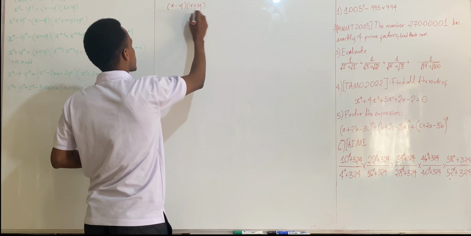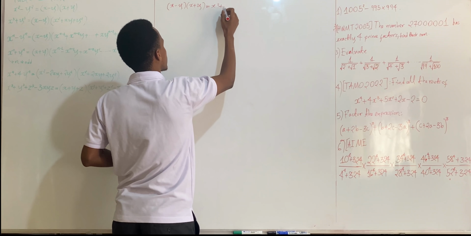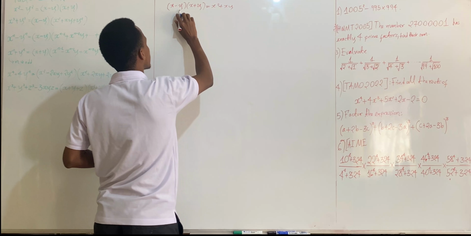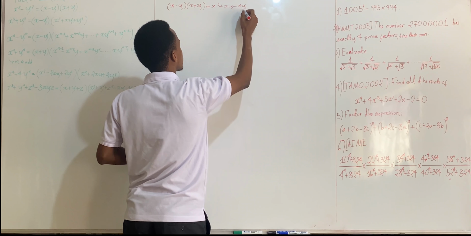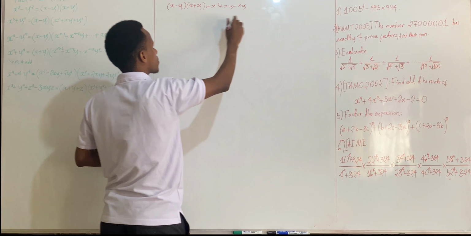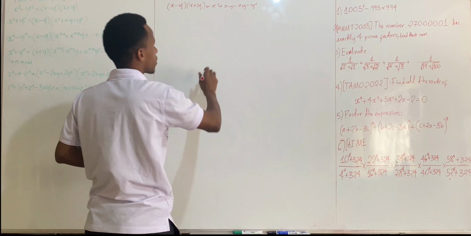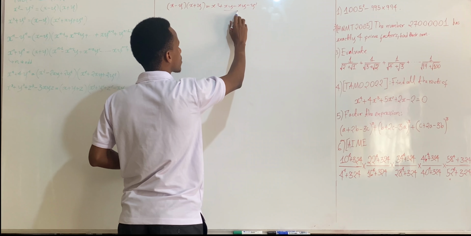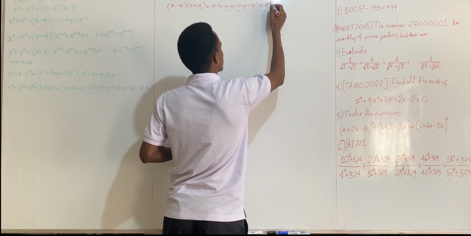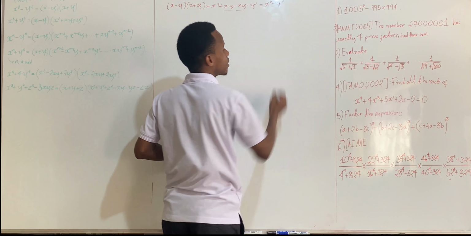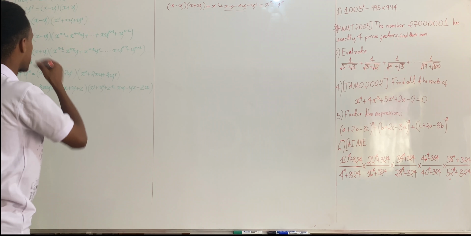So it's x times x, which is x squared, times x plus y, which is xy, then minus y times x is negative xy, and then minus y times y is minus y squared. As you can see here, we have positive xy and negative xy, which cancel out to bring x squared minus y squared. Okay, so this is an algebraic identity.